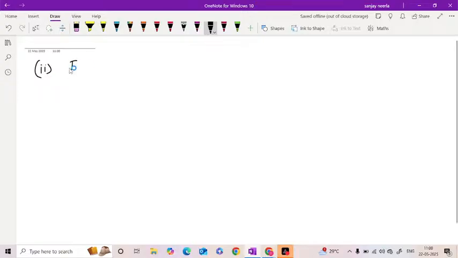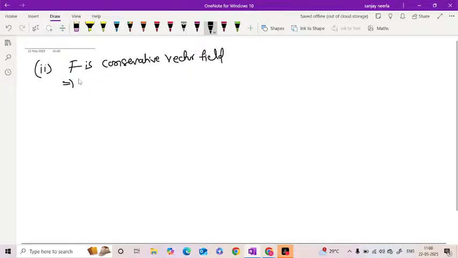So already we clearly know that f is the conservative vector field. That means, what does that mean? Now f must be the irrotational vector.